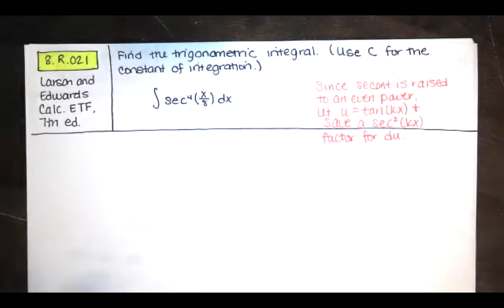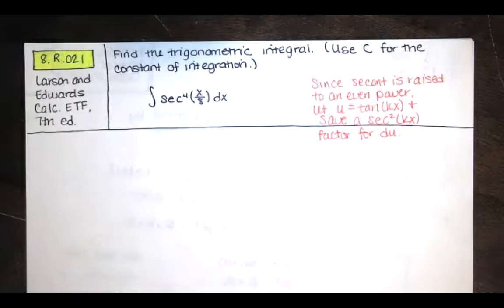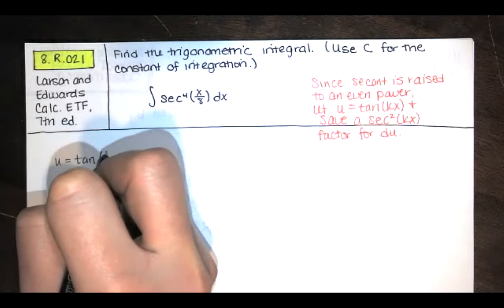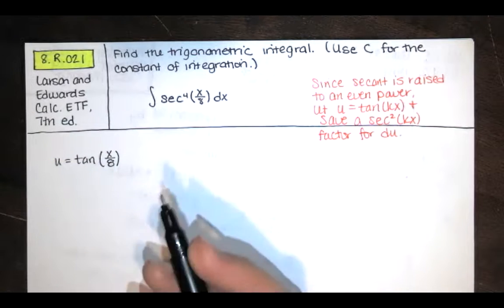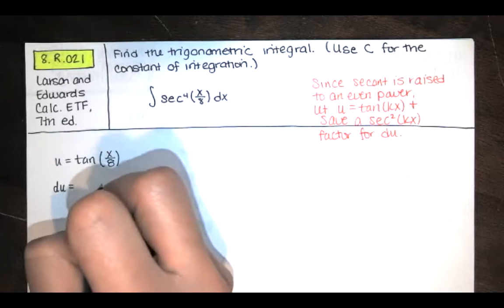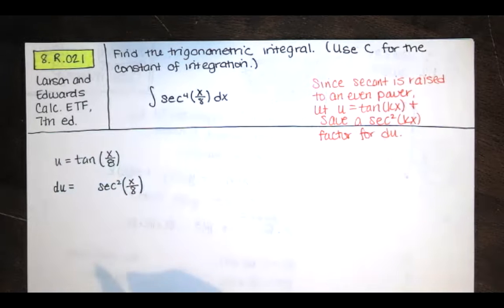Okay, so we know we're going to let u equal tangent of kx. The kx in this case is x over 8. So I want u to equal tangent of x over 8. And then we want to compute du. The derivative of tangent of some angle is secant squared of that angle times the derivative of the inside by the chain rule.